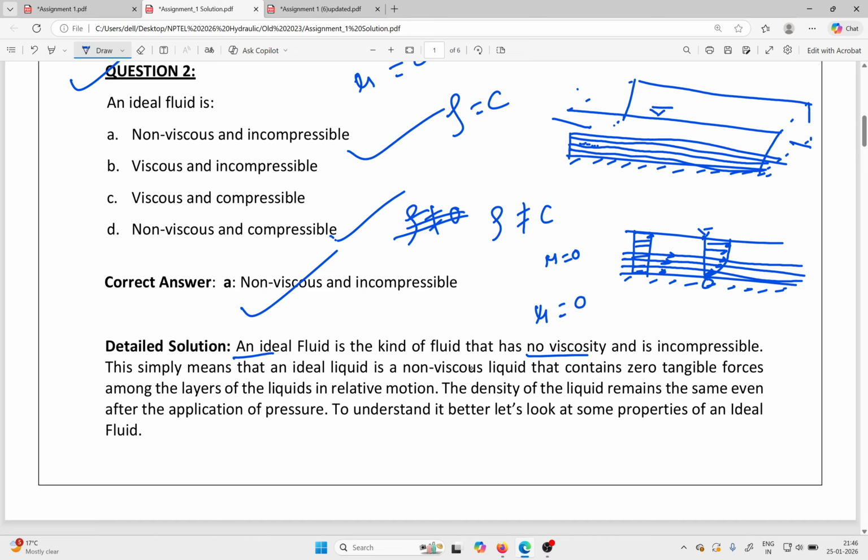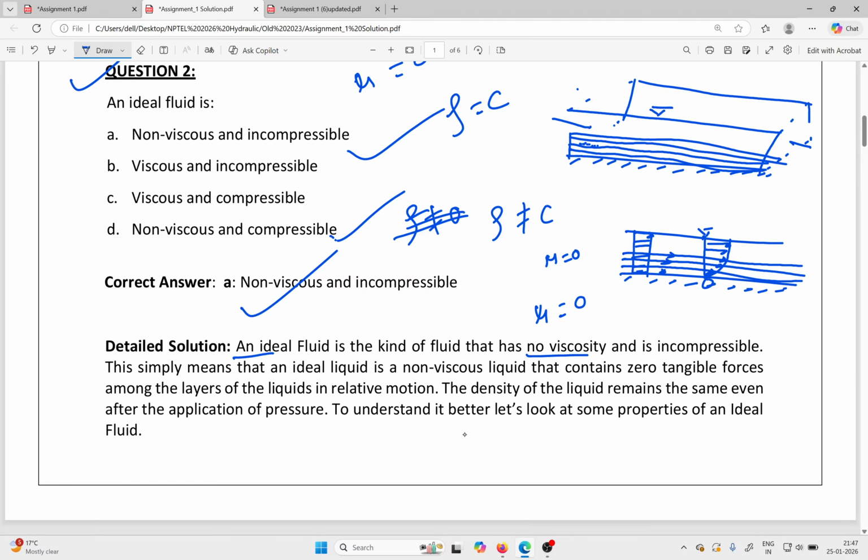So this is what the statement is telling. This simply means that an ideal fluid is a non-viscous liquid that contains zero tangential force among the layers. In between the layers, there is no tangential force. The density of the liquid remains the same even after the application of pressure.